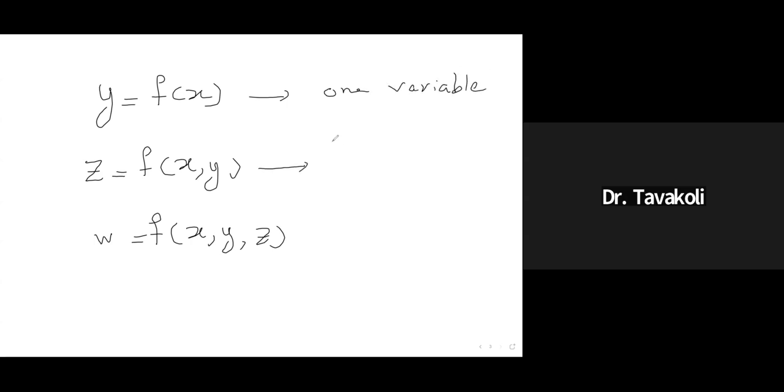This is a function of two variables. This is a function of three variables. Of course, we can keep going and have more variables. For now, let's focus on two variables.